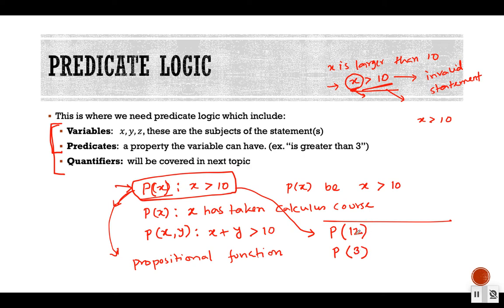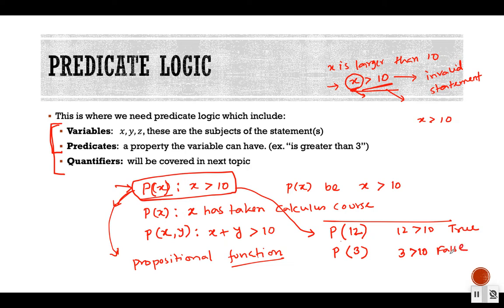If x equals 12, you can see that 12 is greater than 10, so that means this predicate is true. So this propositional function becomes a proposition when x has an explicit value. So P(12) is true. Now P(3), we can see that 3 is greater than 10, which is false.